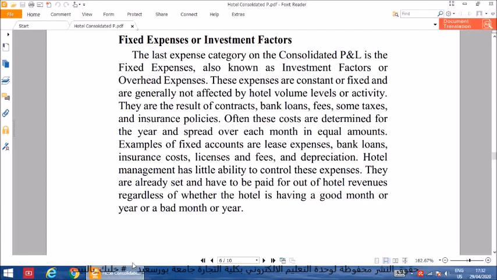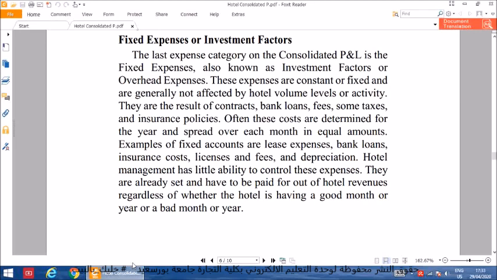Examples of fixed accounts are lease expenses, bank loans, insurance cost, license and fees, and depreciation.